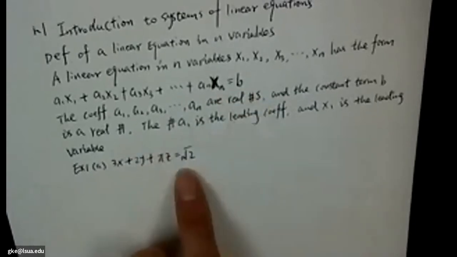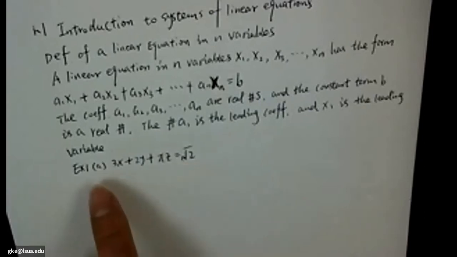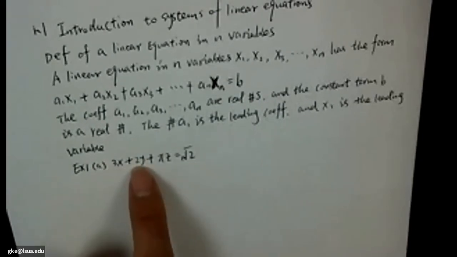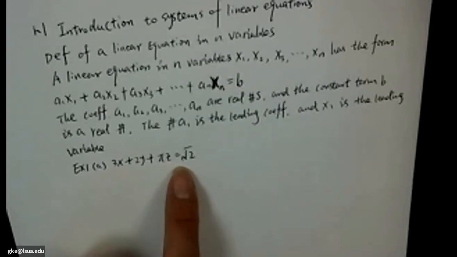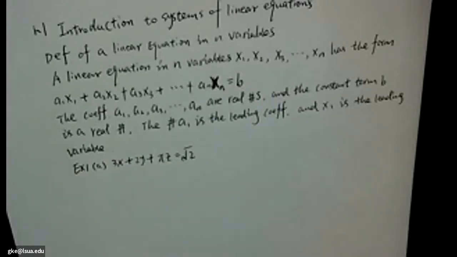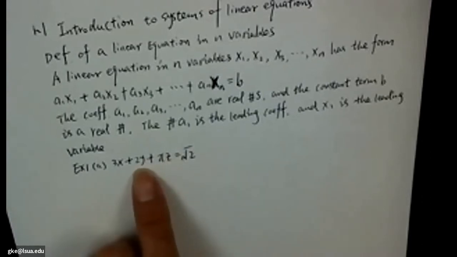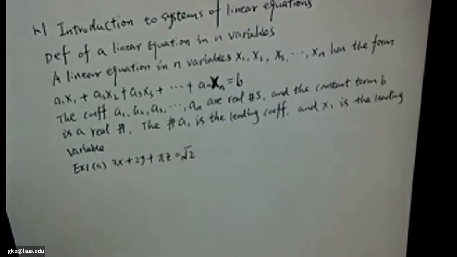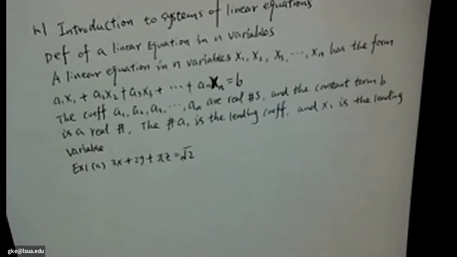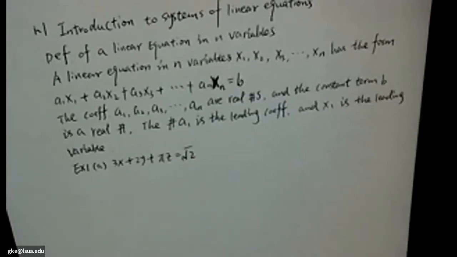And b is square root of 2, right? So a1, a2, a3 are all real numbers. Pi belongs to real numbers too, right? Square root of 2 is an irrational number, of course that is a real number.